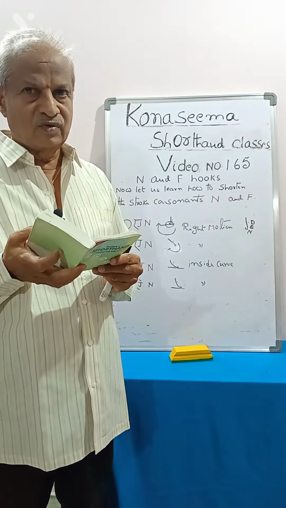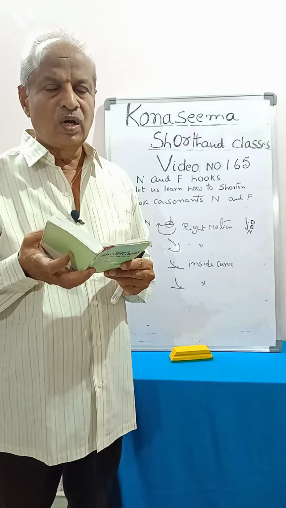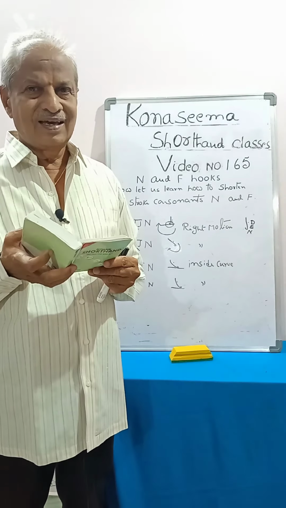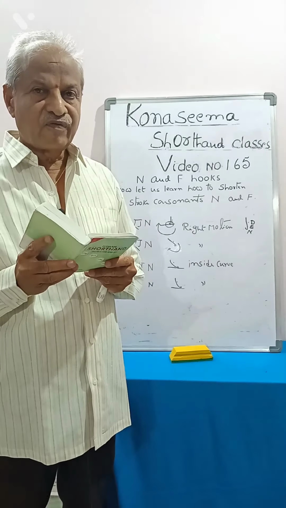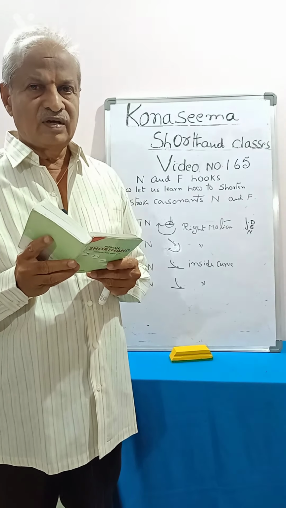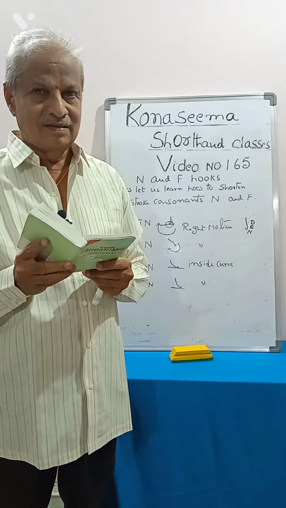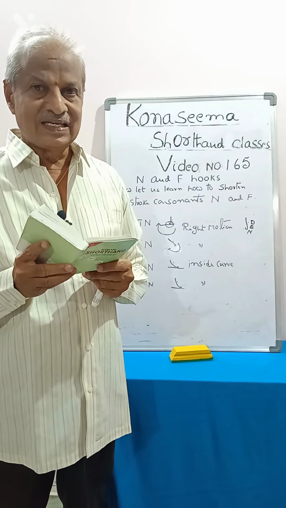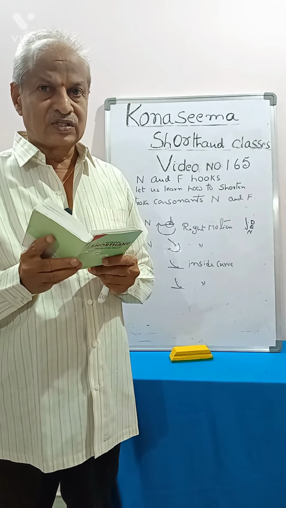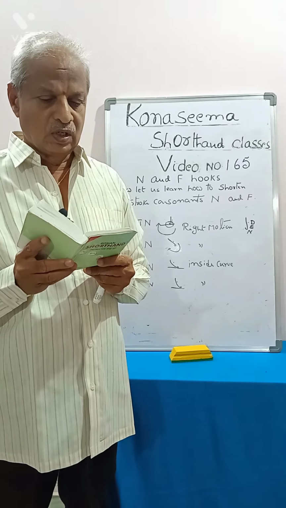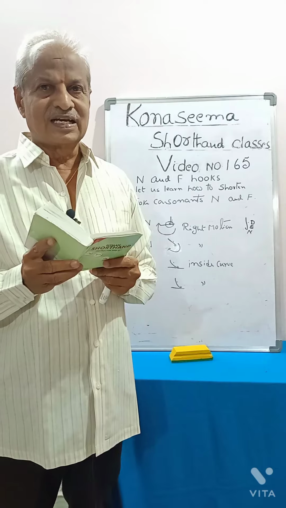Ray N hook with right motion, rain. Hay N hook with the right motion, hone. Fein. F N hook inside curve, fein. Thin inside curve, assign inside curve, shine inside curve, moon inside curve, lean inside curve.